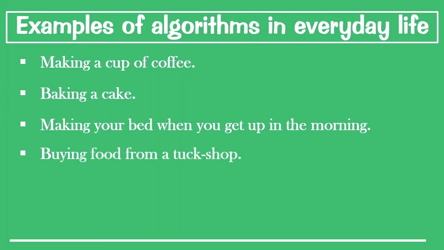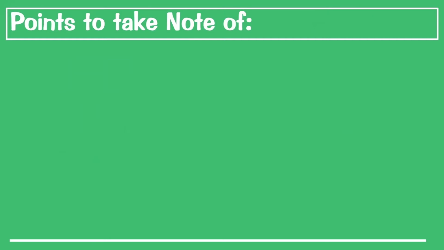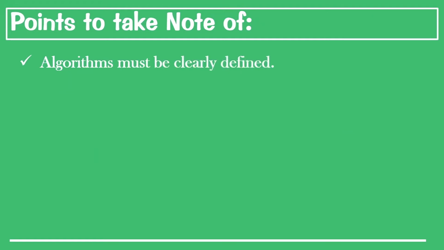Now that we have defined what an algorithm is, we need to learn how to write one. Before we write an algorithm, there are important points we need to take note of. The first point is the algorithm must be clearly defined, or it should make sense.